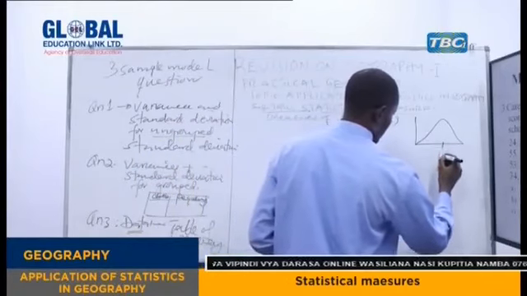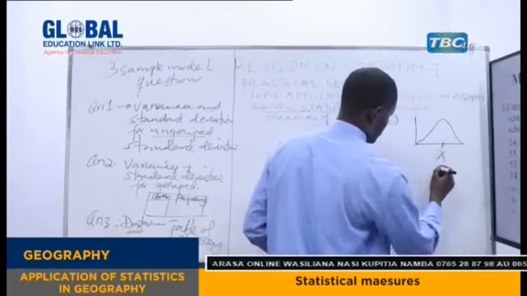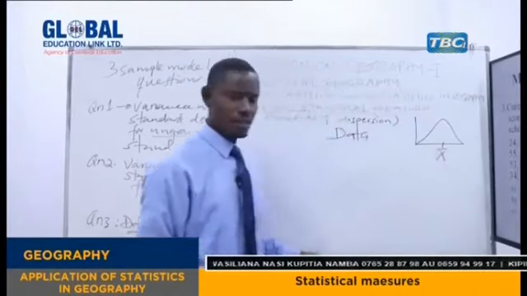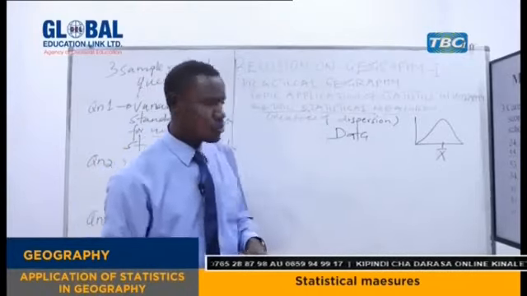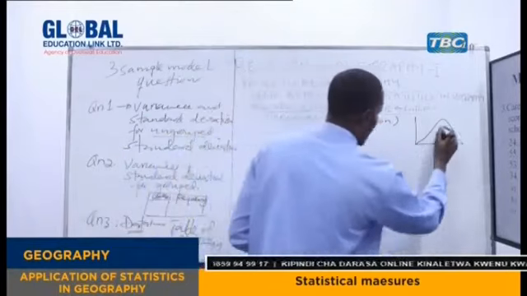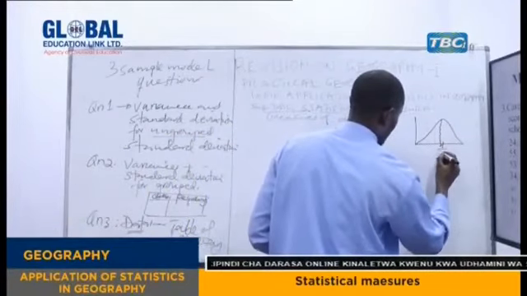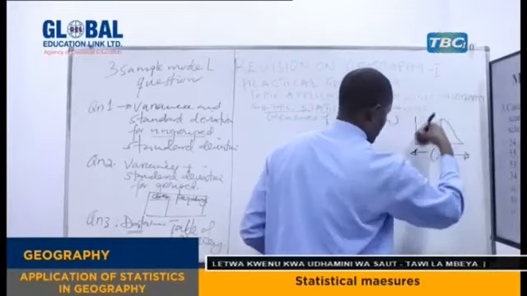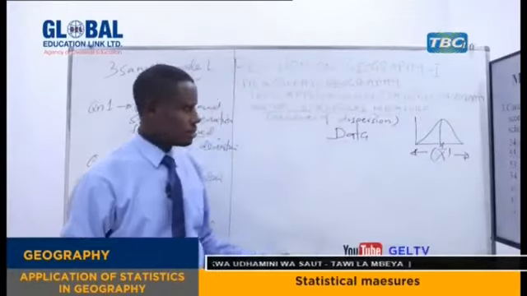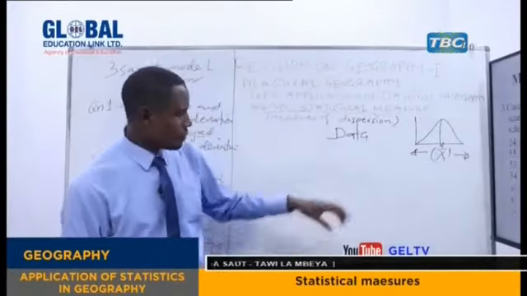Let's say this is the mean. The key function of the variance and the standard deviation is to show how the data are spread, how close they are to the mean. So we are assessing how they are spread along the data set. That's the intention.